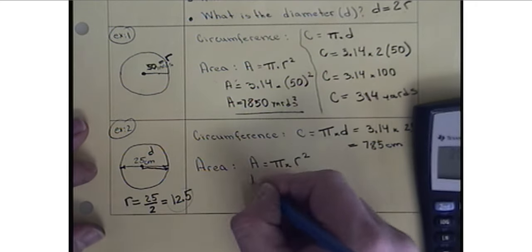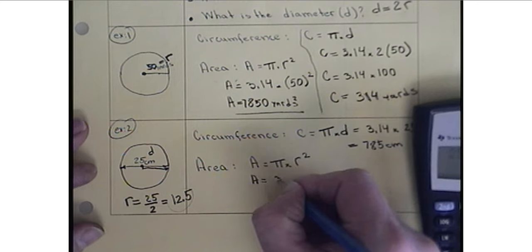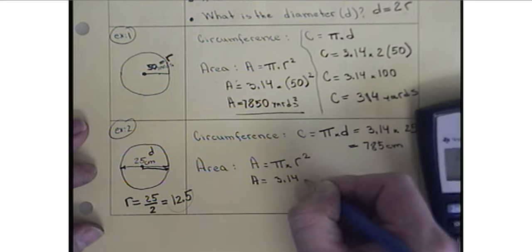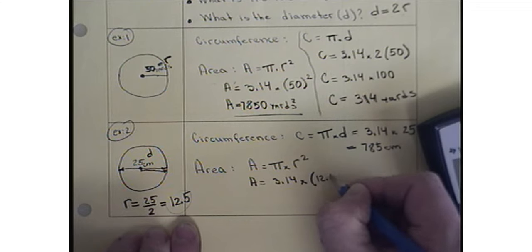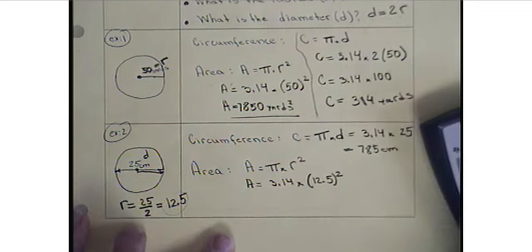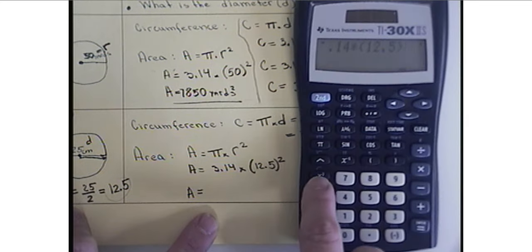So the area is equal to 3.14 for pi times the radius we got, 12.5, to the second power. So let's go ahead and plug in all those numbers on the calculator. We will begin with 3.14 times, use the parentheses, put 12.5, close it, and then just go ahead and click this x to the second button.